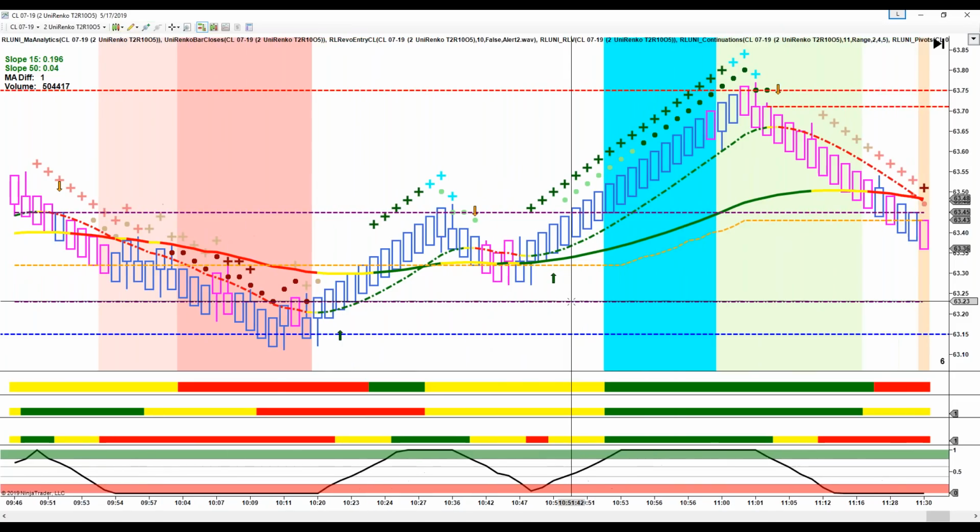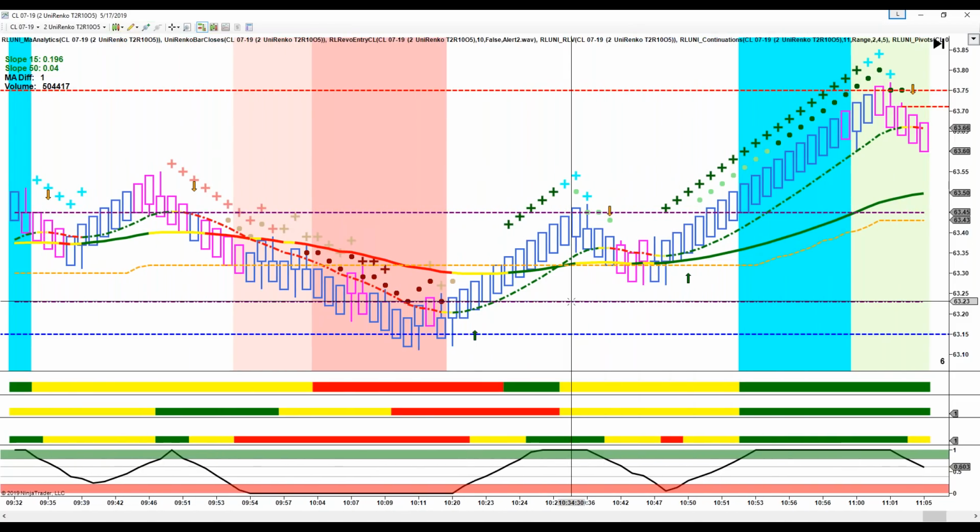And it was right here, on the break of this area here, long.